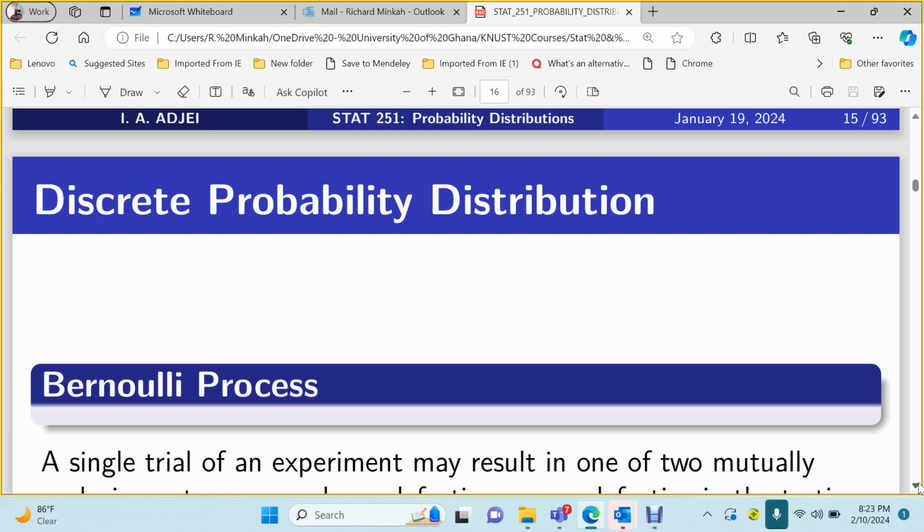You either answer yes or no. So if you have a variable that takes on two possible outcomes, or an experiment that results in two possible outcomes where they are mutually exclusive, that is, you cannot be here and there at the same time. So we classify our sex as male or female. I expect that when I come to the class, I will see either a male or a female. Then that's what we mean by a Bernoulli distribution or a Bernoulli process.